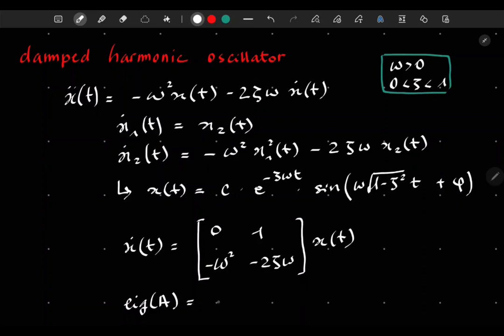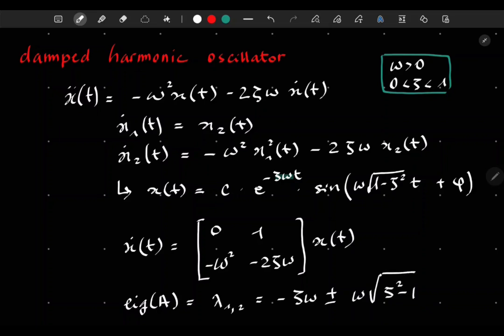So these eigenvalues, which we can also sometimes call lambda 1 and 2, will be equal to minus zeta omega, which is the same as the exponent that appears here, plus or minus omega times the square root of zeta squared minus 1.